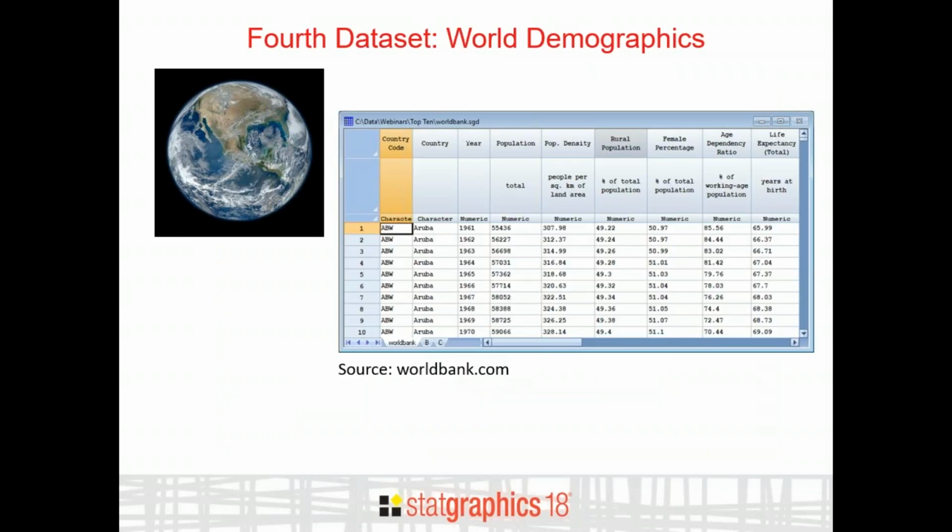All right. Now, the fourth data set I want to look at is one that I've talked about in previous webinars. It's data from the World Bank. It describes about 170 countries throughout the world.